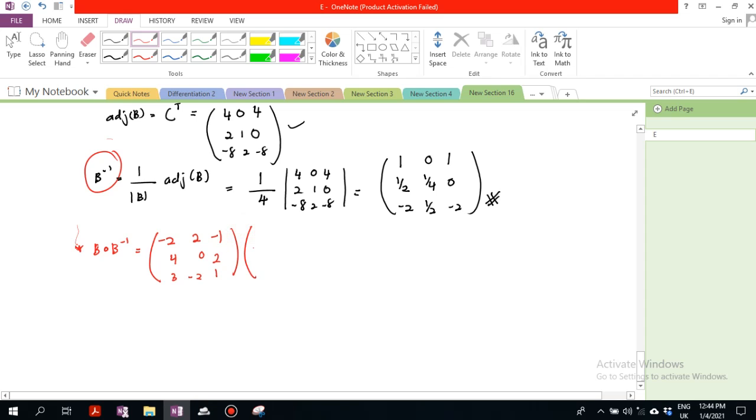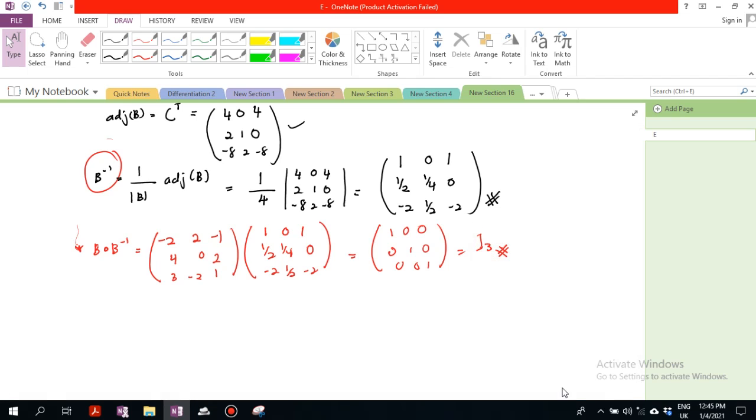Then your inverse is 1 0 1, 1 over 2, 1 over 4, 0, negative 2, 1 over 2, negative 2. So if you calculate this one, you will get 1 0 0, 0 1 0, and 0 0 1, which is your identity. Okay, this is how to prove it.